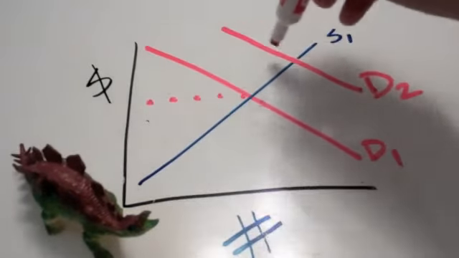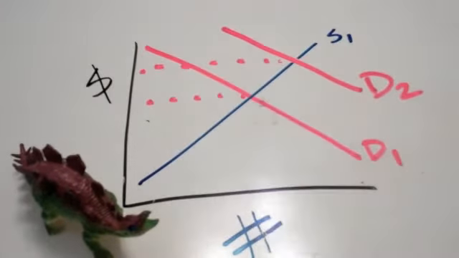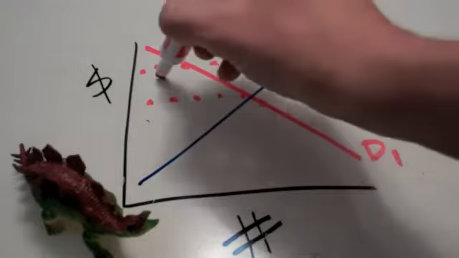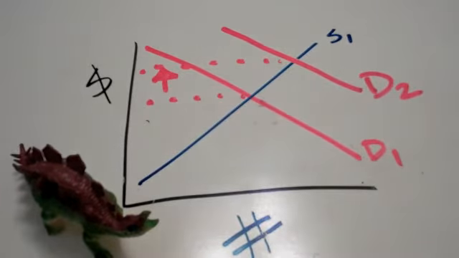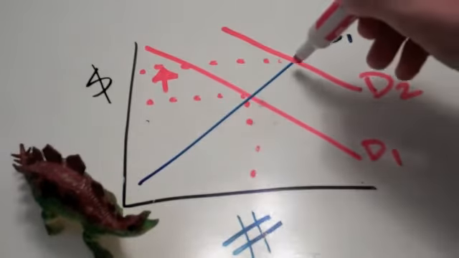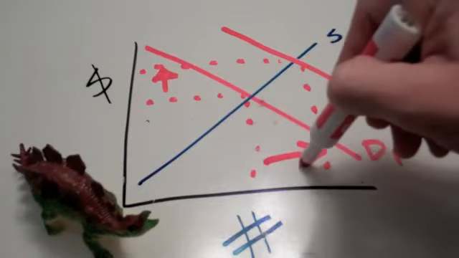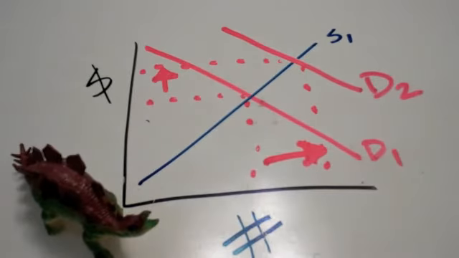Well, looking at the graph, now not only are we willing to buy more for whatever reason, those reasons we covered in the previous video, whether it be a change in income or change in population, now the price has gone up, and because that price has gone up, producers are willing to make more at each and every price.